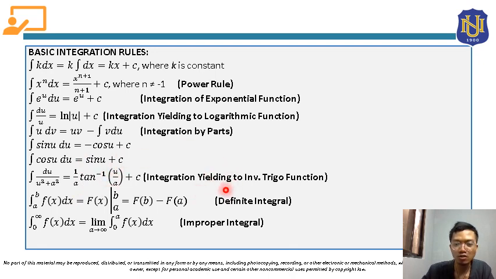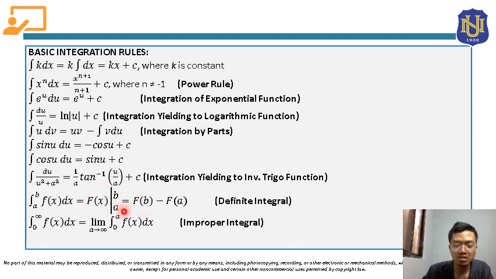Okay, we will also apply the definite integral here. For this integral, we have limits from a to b. If we integrate f of x, we will evaluate this further from a to b.